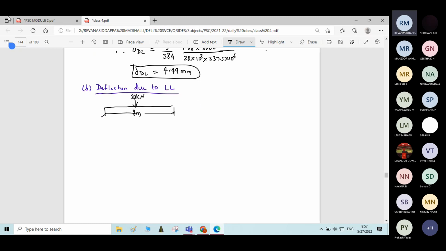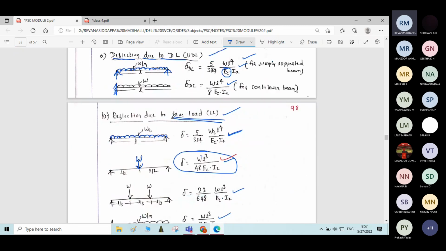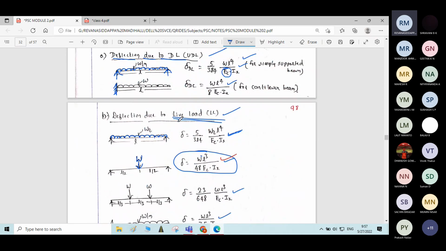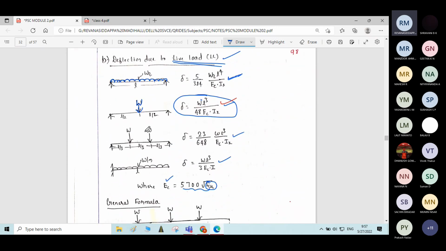Now, what is the formula we have for a simply supported beam carrying a point load? Let me go to deflection due to live load. See here we have the case. This is the second case. The formula is WL cube divided by 48 EC into IX.